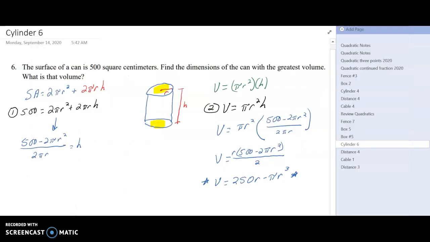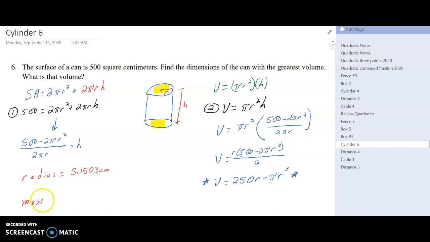Going back to the problem, we now know the radius, because that's what r is, and x in the calculator. So the radius is equal to 5.1503 centimeters.